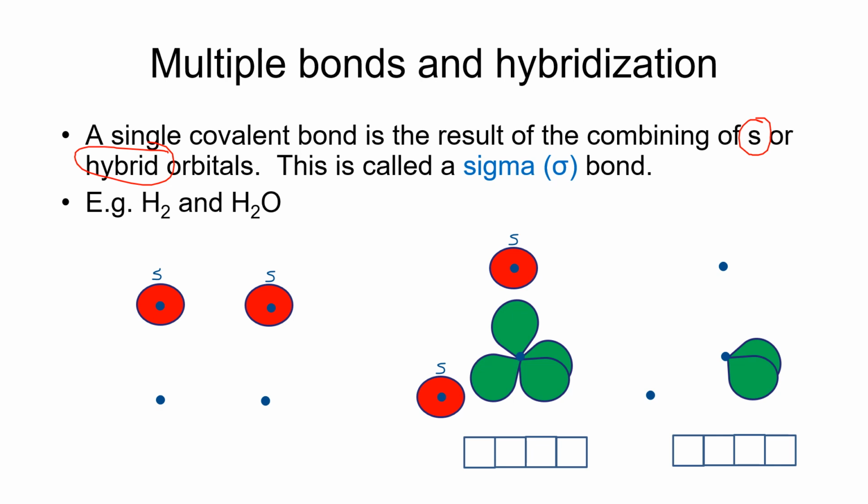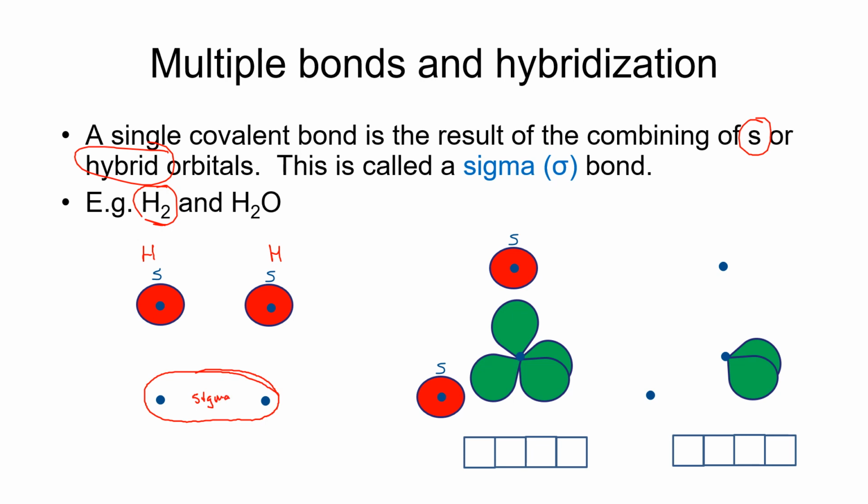To start with, we'll look at 2 s orbitals, like hydrogen here. You've got 2 H's, an H over here with an s orbital, and an H over here with another s orbital. What we want to do is show how these 2 might share electrons. It's pretty simple: the 2 overlap and make 1 orbital that goes around both of the nuclei, and you call that a sigma bond.